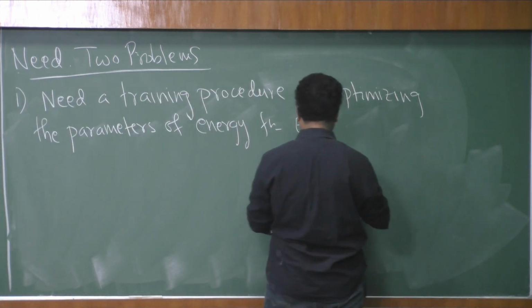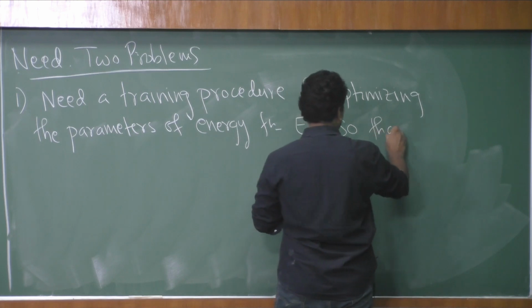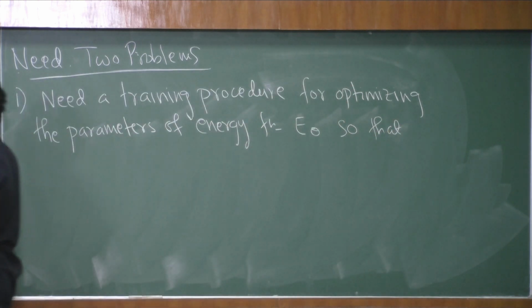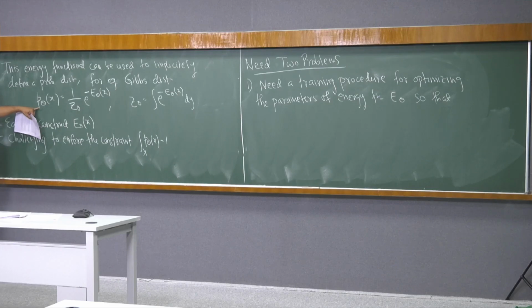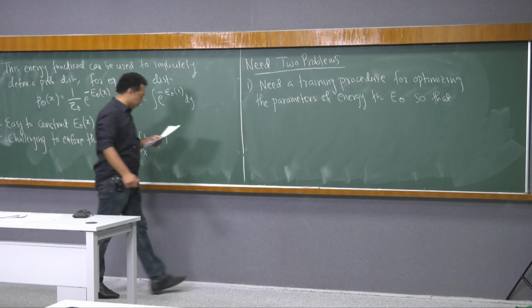Obviously, we need to train because E theta is parameterized by theta, so that E theta defines a probability distribution p theta, and ultimately we want p theta to be close to the original distribution p.